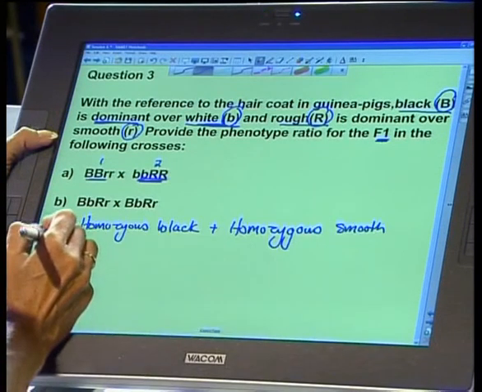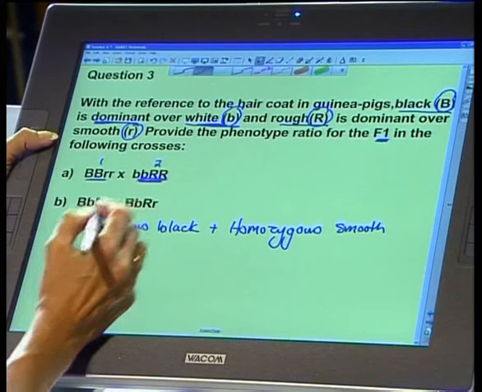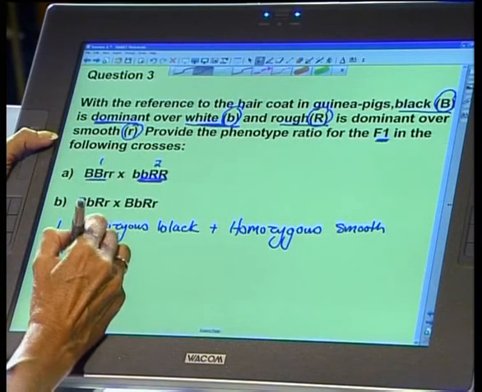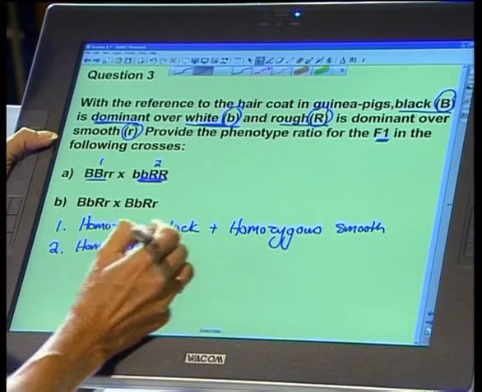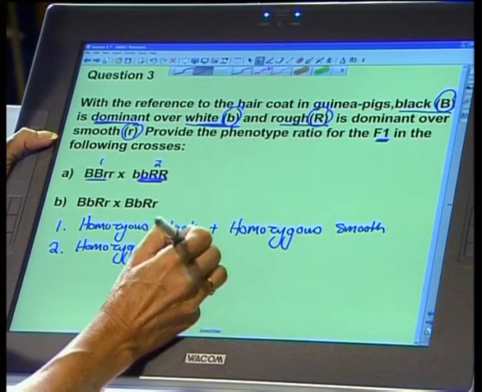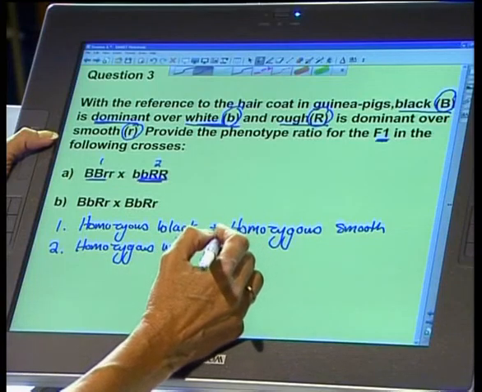All right, and then our second parent here is going to be homozygous white. They're completely opposite, these organisms. These are 2 little guinea pigs.